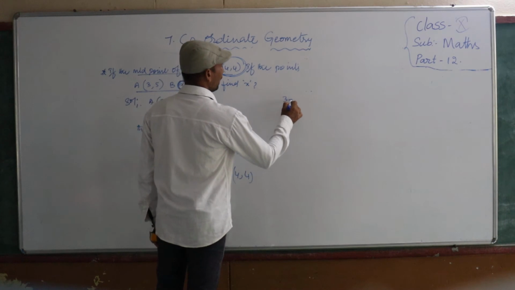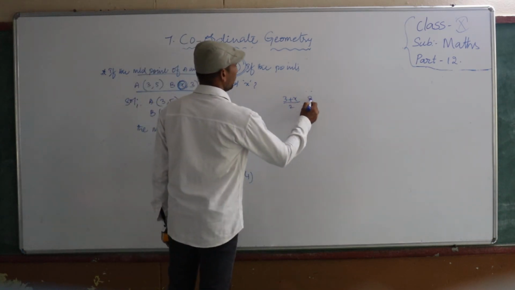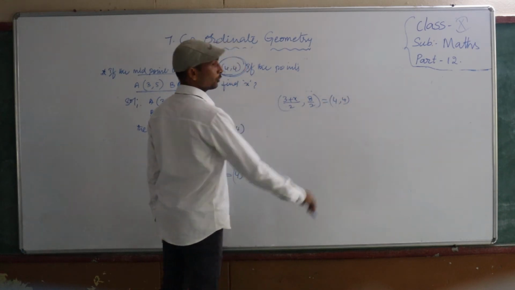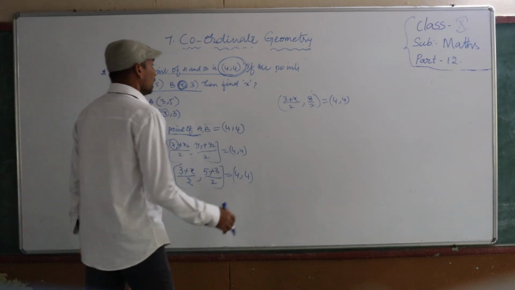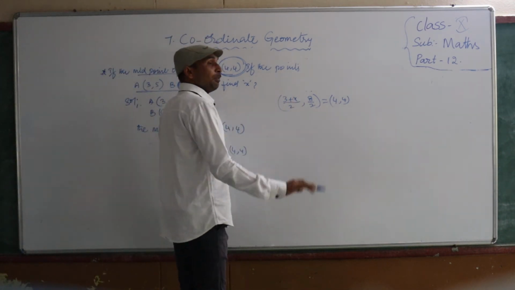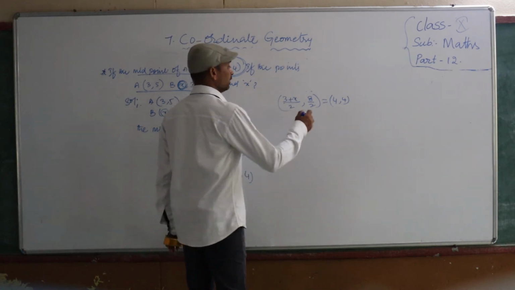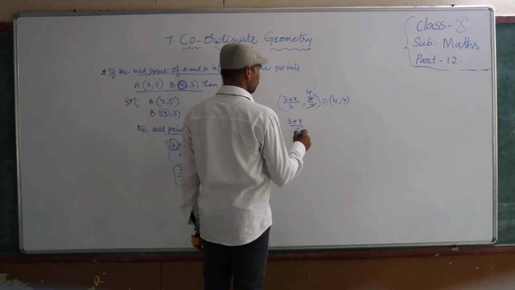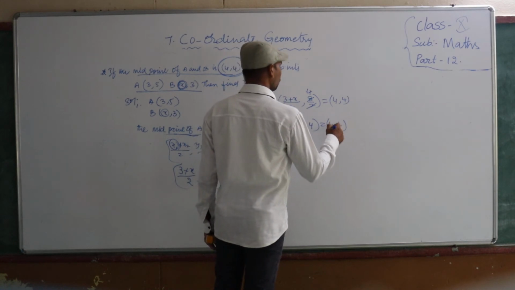Now 3 plus x by 2, let it be 5 plus 3, 8 by 2, is equal to (4, 4). So here 3 plus x only, because here variable and constant, we cannot add. 3 plus x by 2 comma 4 is equal to (4, 4).